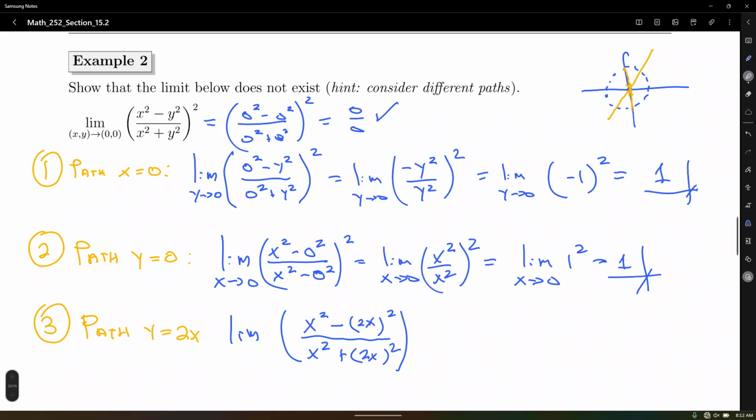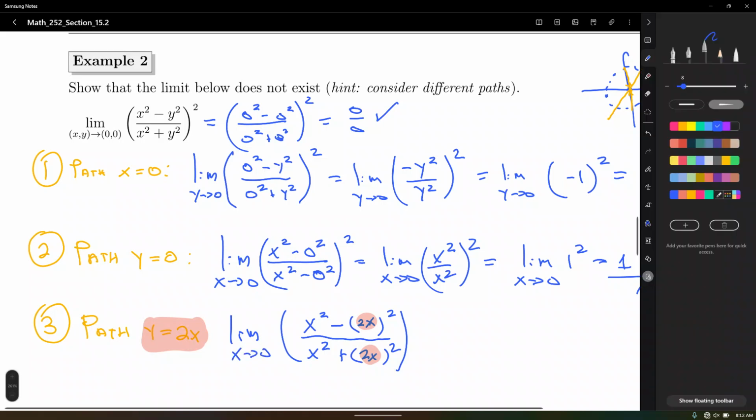Let me highlight it so you can see it. Again, this limit is going to be one with a single variable, that is just x. You don't need to put y approaches 0 anymore. So that is simply x approaches 0. Just get rid of the y in the notation.